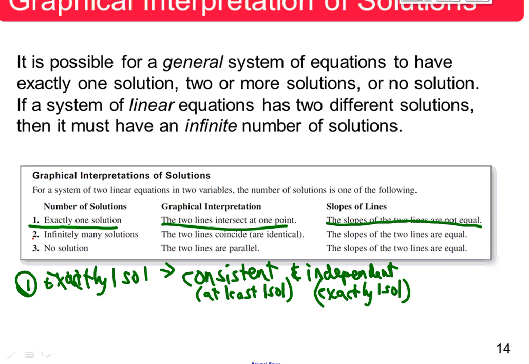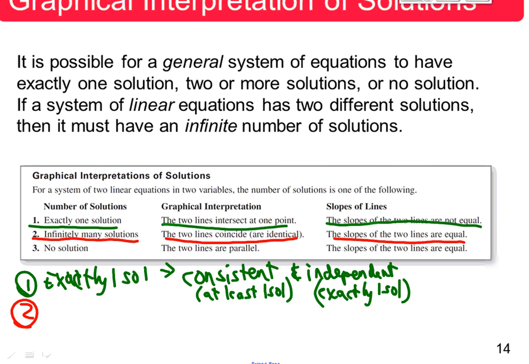The second situation is there are infinitely many solutions. This year we'll write those in terms of each other when we give our answer. The two lines coincide or are identical, and their slopes are equal.